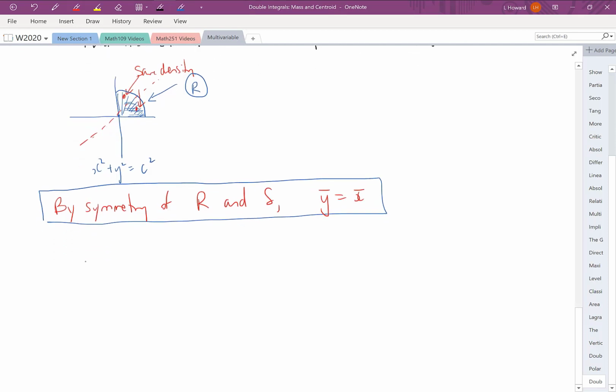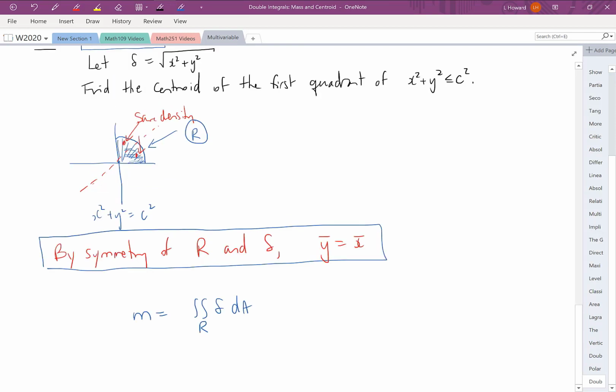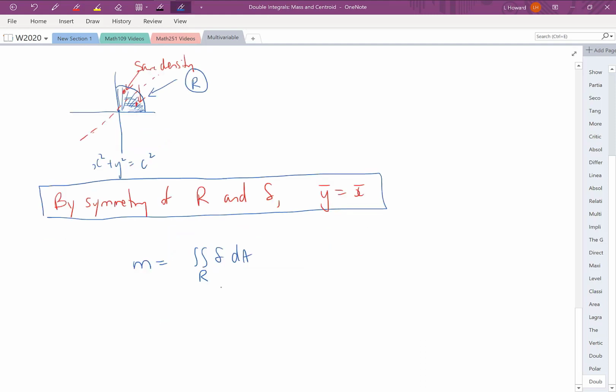Let's start on that by calculating our mass. So to get mass, we need to do a double integral over R of our density function. And you can choose whatever coordinate system you like. You could use rectangular coordinates, x, y, but I would suggest, because we have a quarter circle and because delta looks like square root of x squared plus y squared, polar coordinates would be a really good choice here.